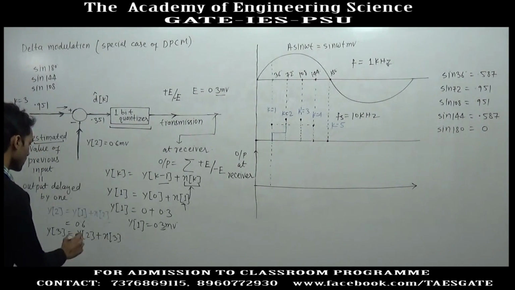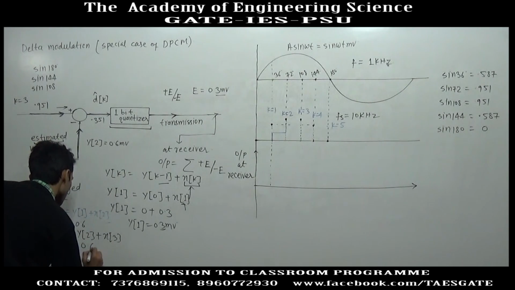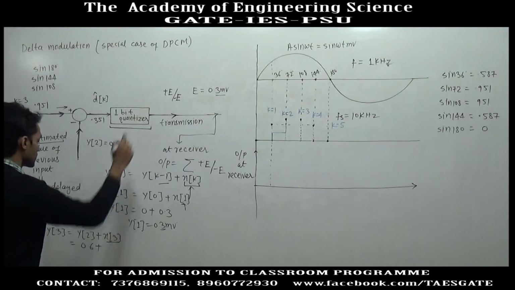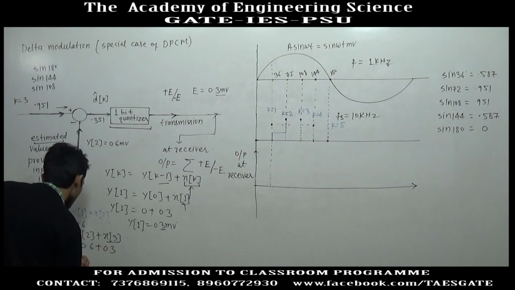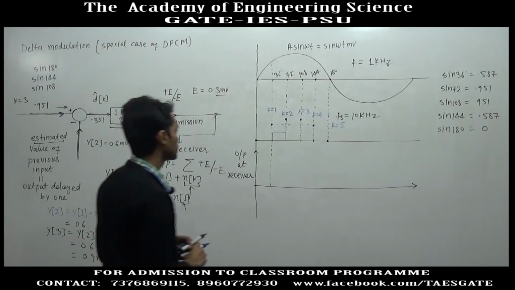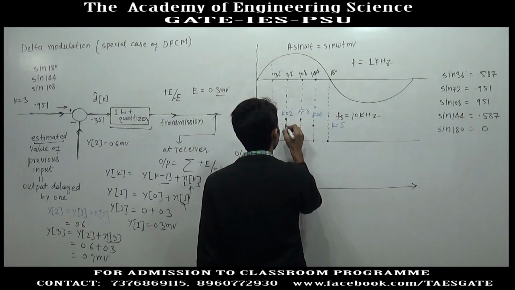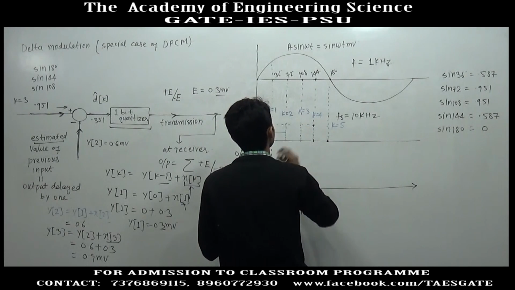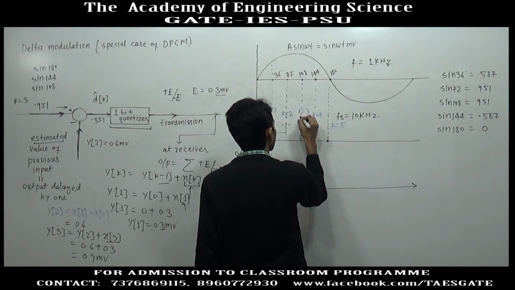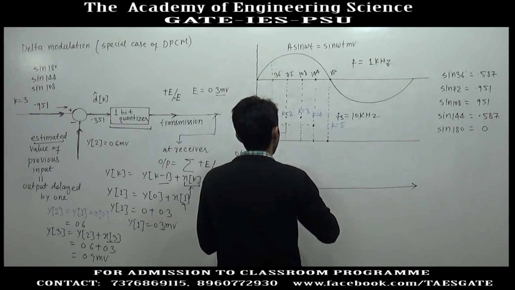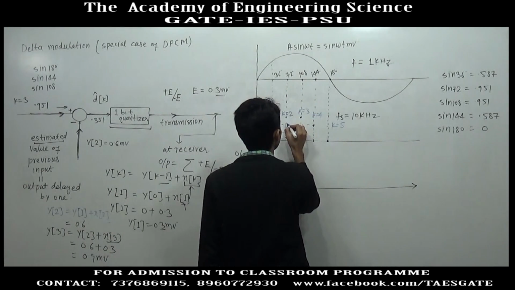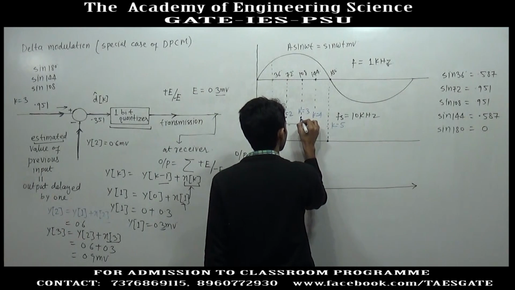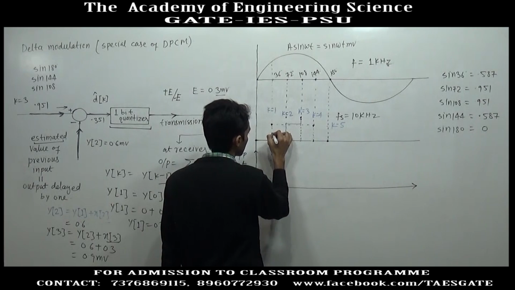X 3 is again positive, y 2 is equal to 0.6, and x 3 is positive threshold, so this will be 0.3. This is 0.9 millivolt. This is 0.951, and at k equal to 3, the output we will get is 0.9 millivolt. So, these are the outputs.